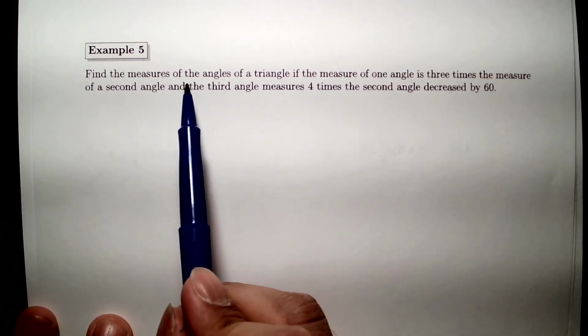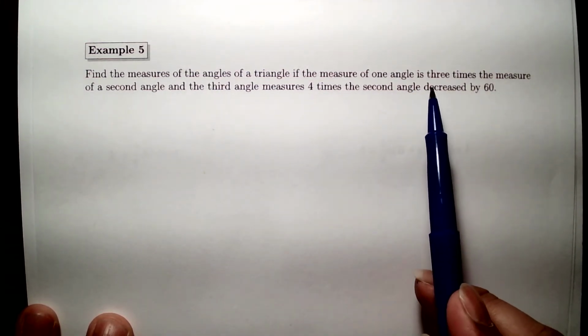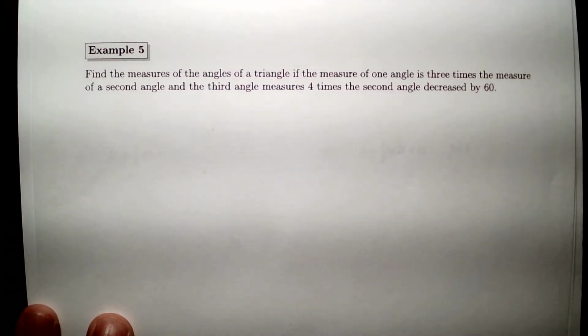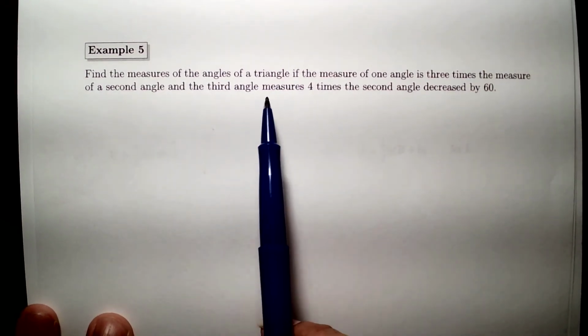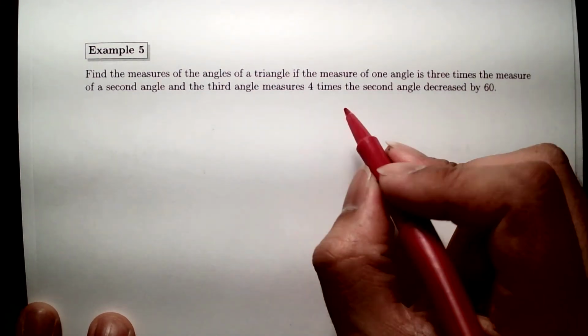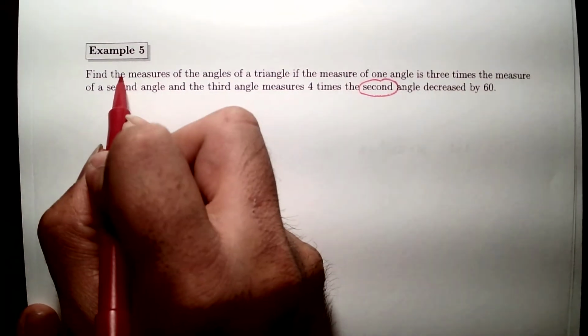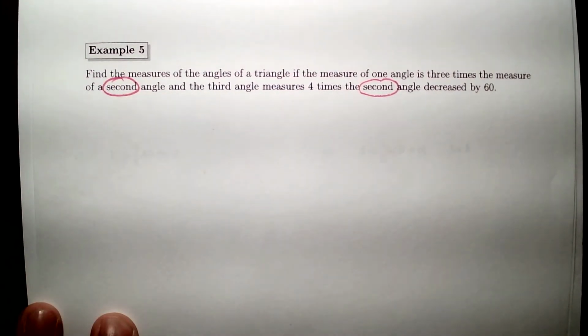Find the measures of the angles of a triangle if the measure of one angle is 3 times the measure of a second angle, and the third angle measures 4 times the second angle, decreased by 60. Notice here, everything is about the second angle. Did you see that?